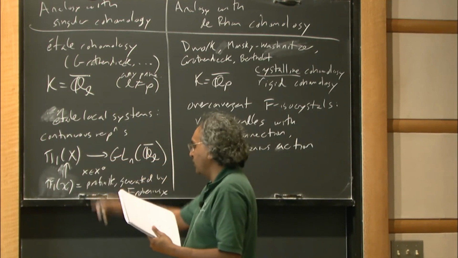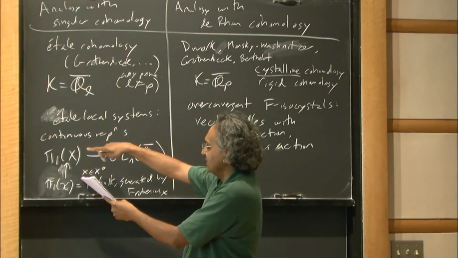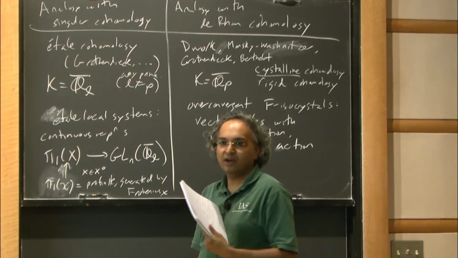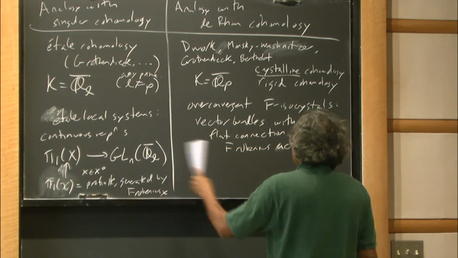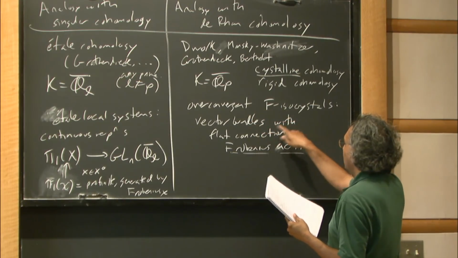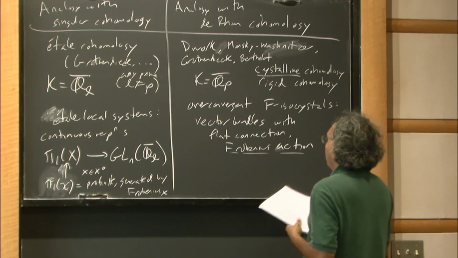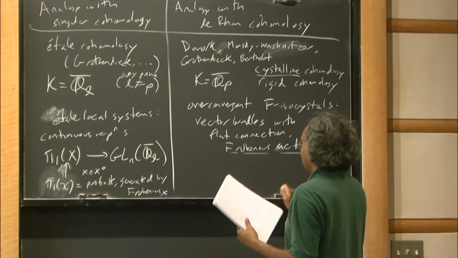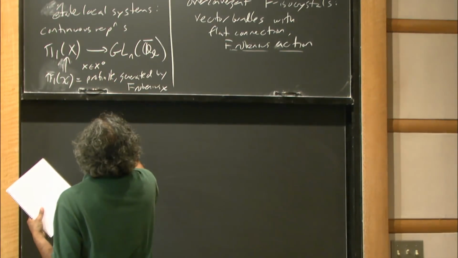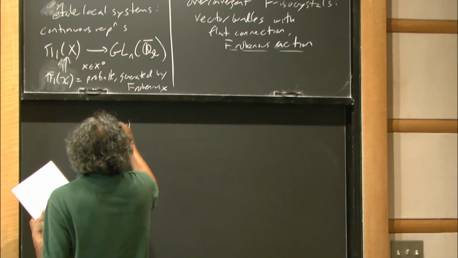But this group is bigger by the geometric pi1 plus the Galois group of the base field. Adding that is like adding this Frobenius action, which has to be compatible with the other structure. So maybe I should draw this exact sequence here.